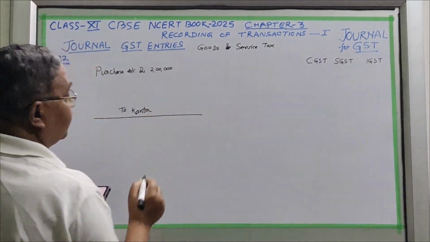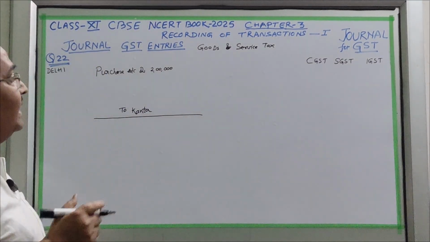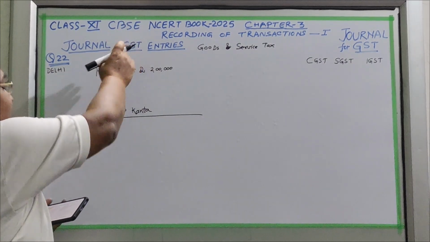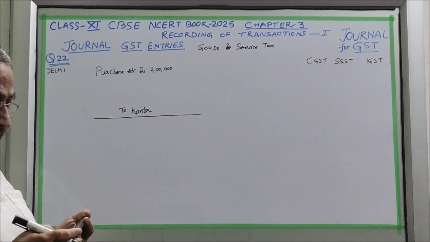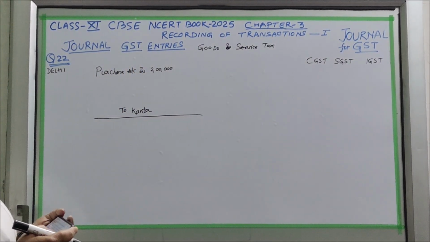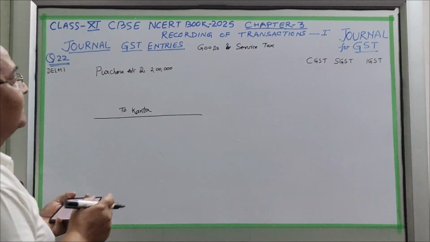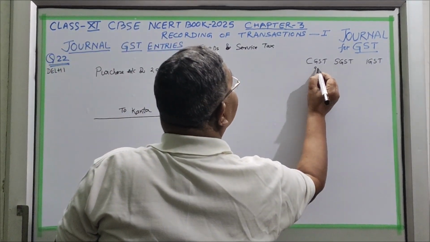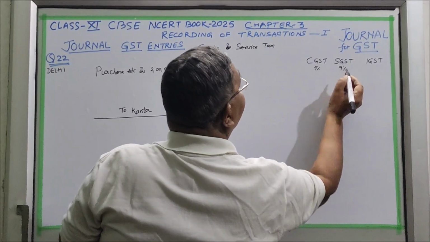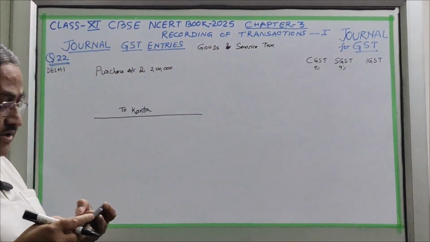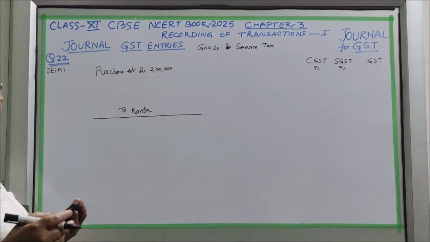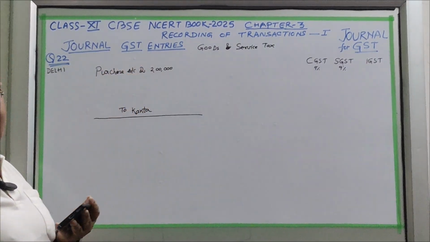So these 2 lakhs rupees goods were purchased, but as we are dealing with GST also, they have given GST rate 9% CGST and 9% SGST. So for 2 lakhs rupees, 9% also we have to pay.